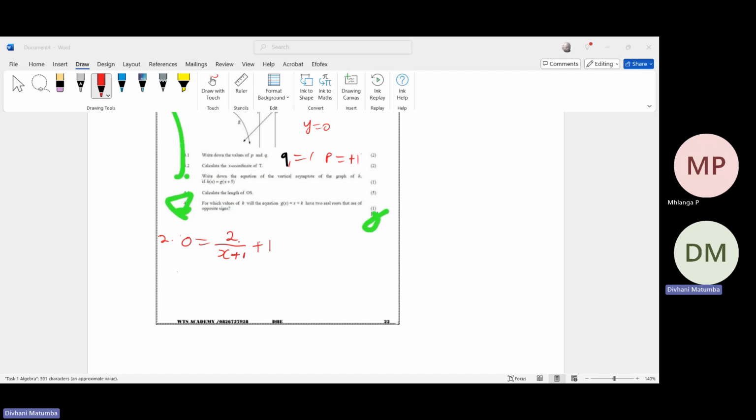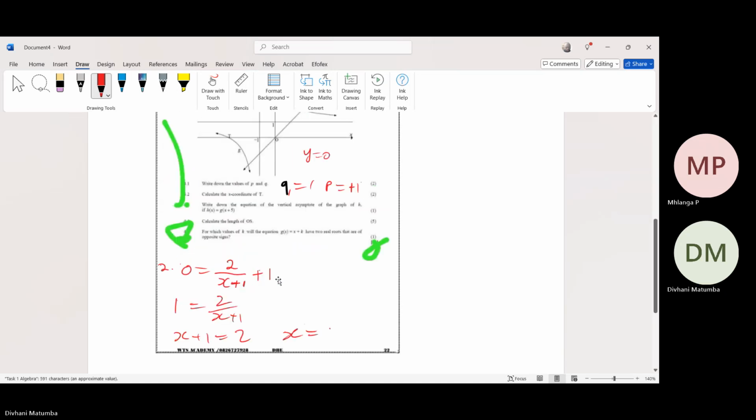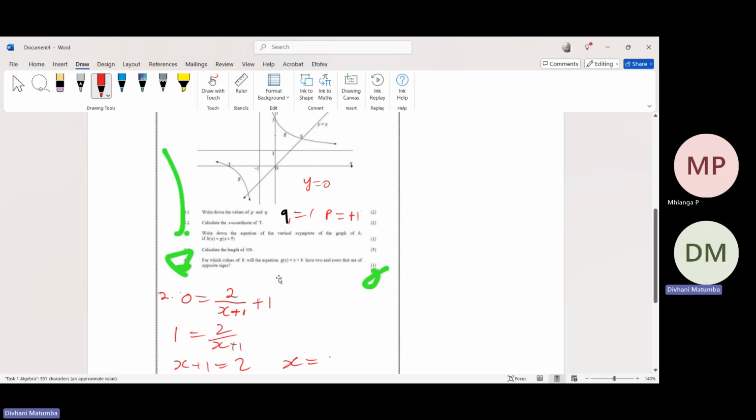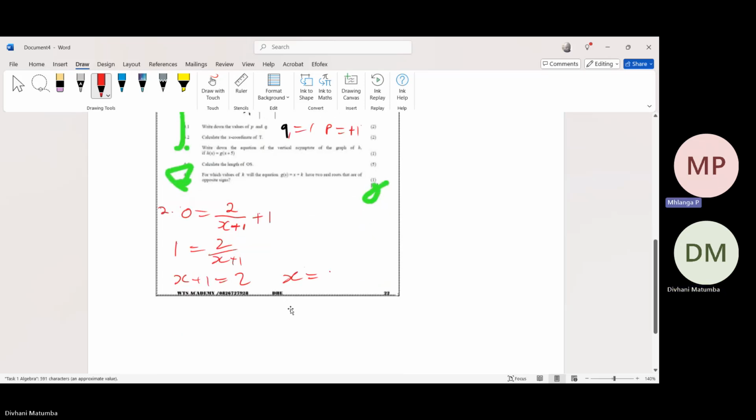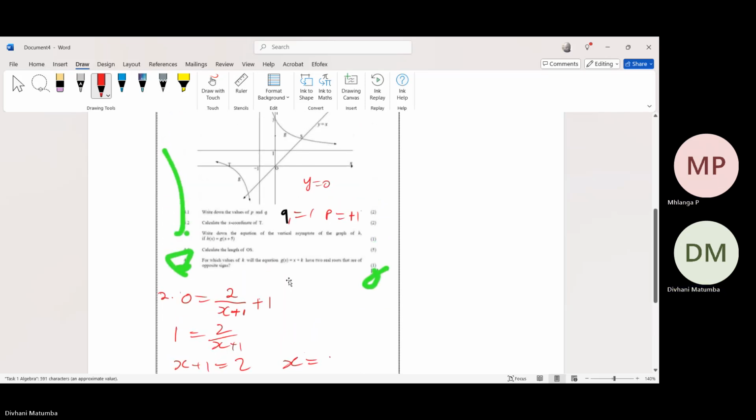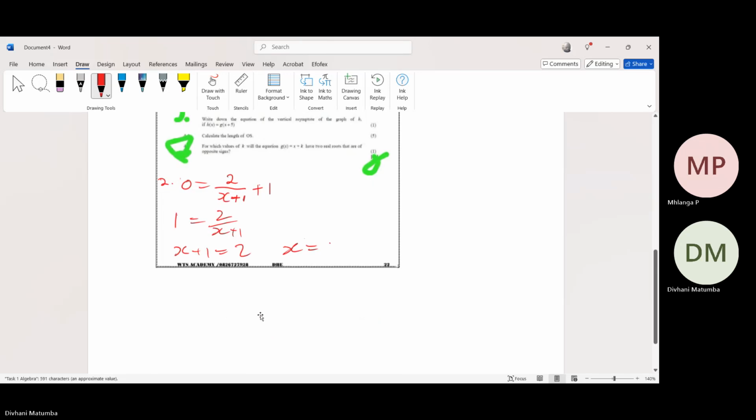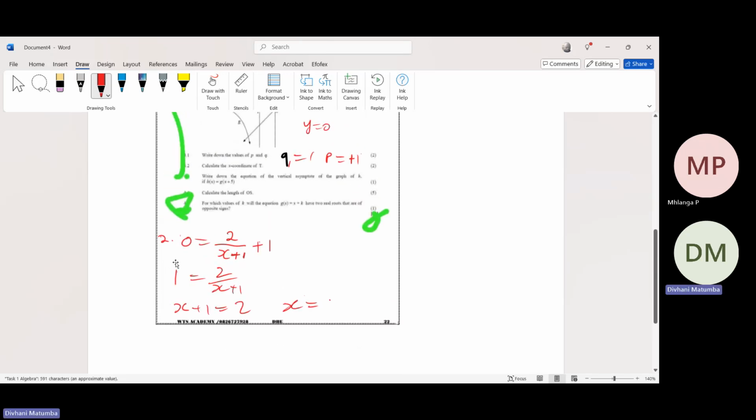So in order for us to calculate the value of x, I'm going to take 1 to the other side, and I will have 2 over x plus 1. So x plus 1 equals 2. Then x equals 2 minus 1.